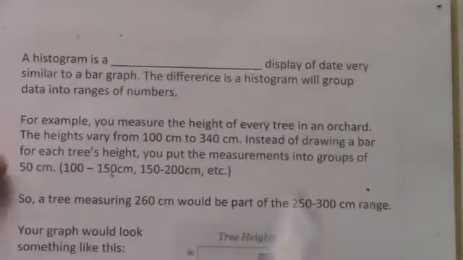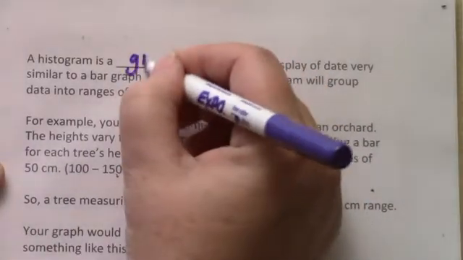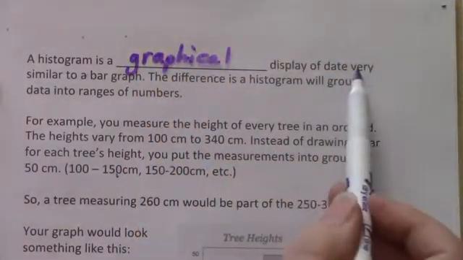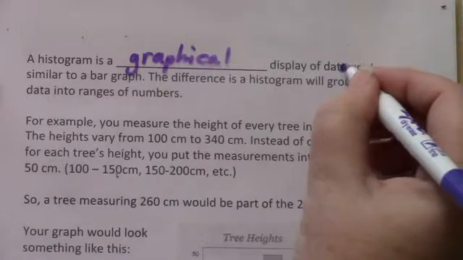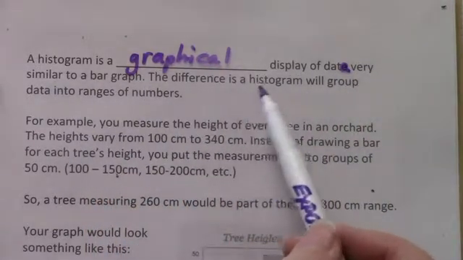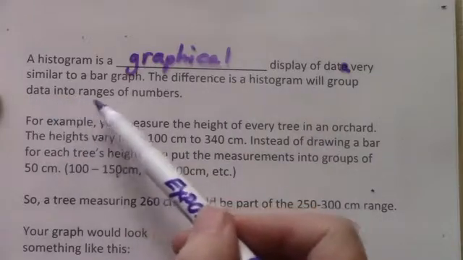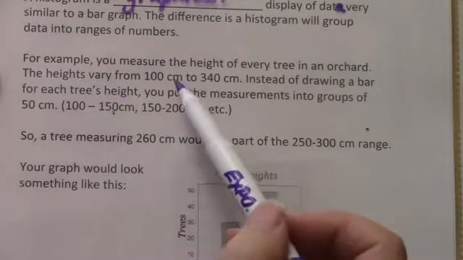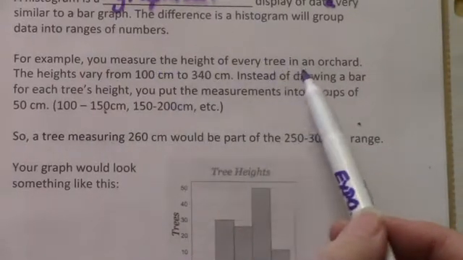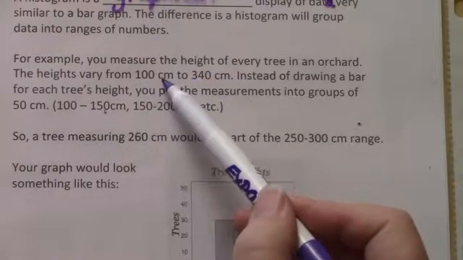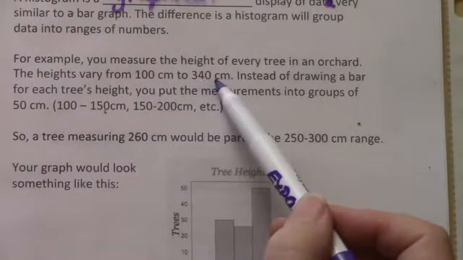A histogram is a graphical display of data, very similar to a bar graph. The difference is a histogram will group data in ranges of numbers. For example, you measure the height of every tree in an orchard. The heights vary from 100 centimeters to 340 centimeters.